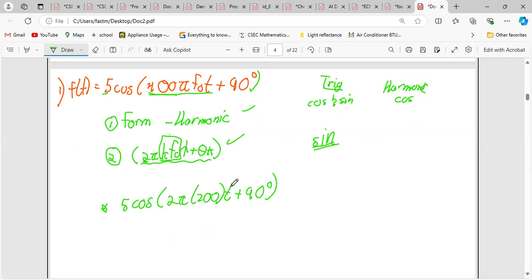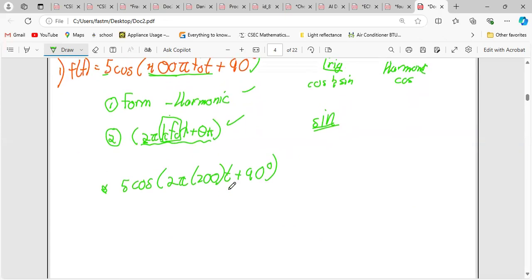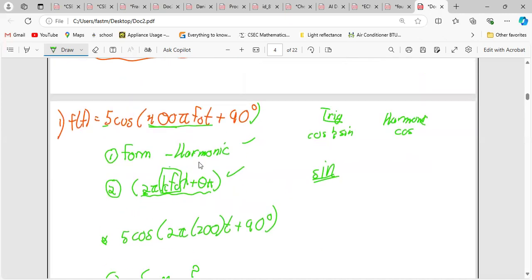The third thing I look for is if it's a sum. What I mean by that is the number outside the cos, which is basically the number here. If it's negative, there's a problem. Remember, it's a sum of sinusoids. So you have to convert a minus cos to a plus cos.